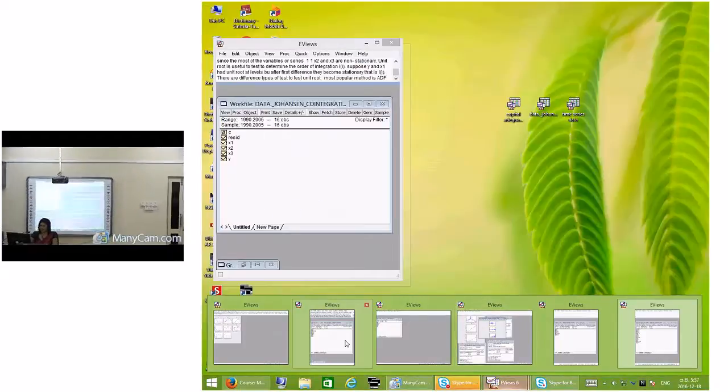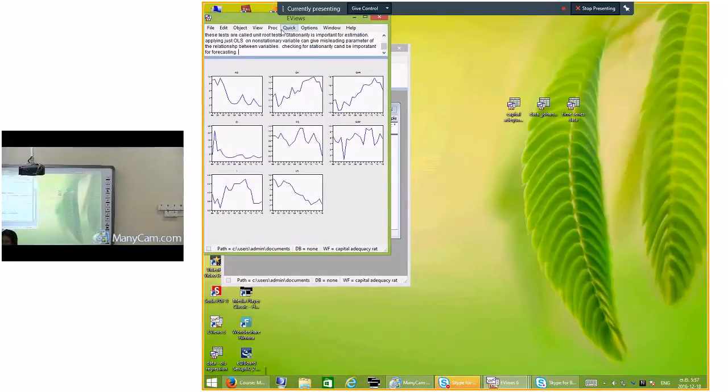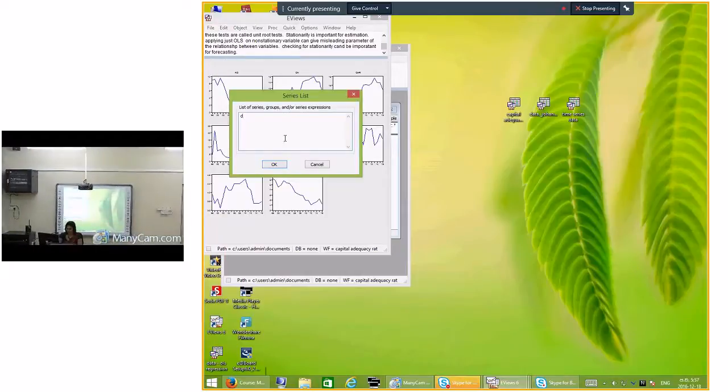This is our graph. So here, go to quick again and draw the graph for the first difference variables. D means first difference of the first variable.